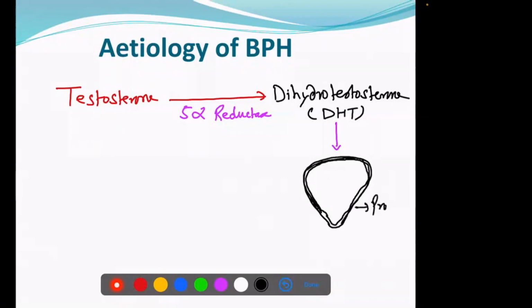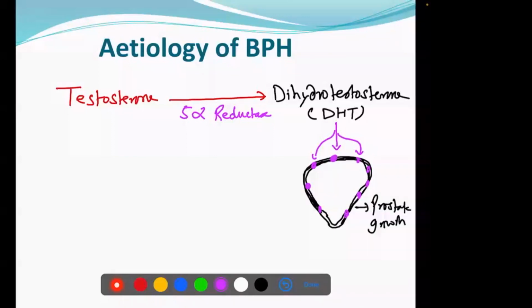So prostate growth is maintained by dihydrotestosterone. How? DHT has receptors in the prostate, acts on these receptors and maintains the growth of the prostate. So this is a normal process.